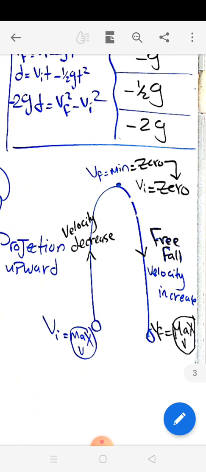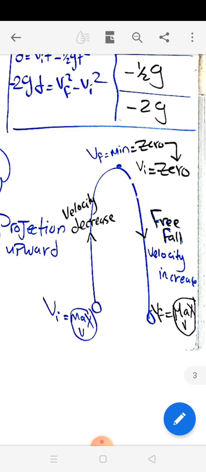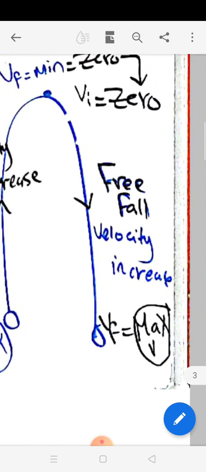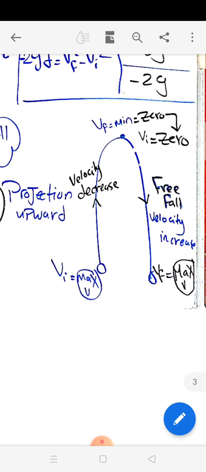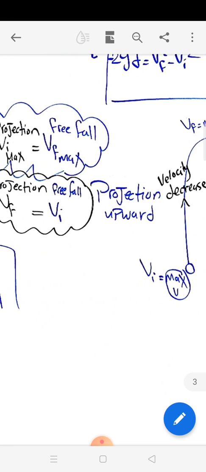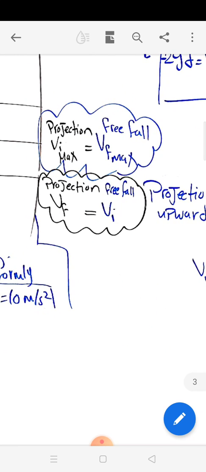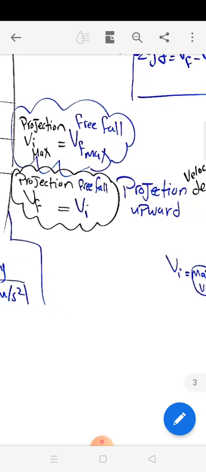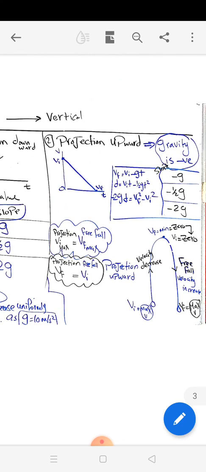When you project an object upward, its velocity will decrease until its v final, or final velocity, equals 0, and then it starts increasing again until it reaches the same value it started from. So you have to know that the v initial in the projection will equal the v final in the free fall, and the v final in the projection will equal the v initial in the free fall.